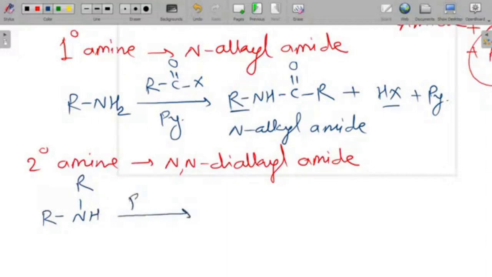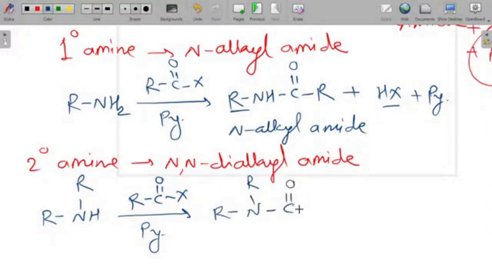On reaction with RCOX in presence of pyridine, it gives RNR C double bond O R, which is N,N-dialkyl amide, plus HX plus pyridine. This forms salt.